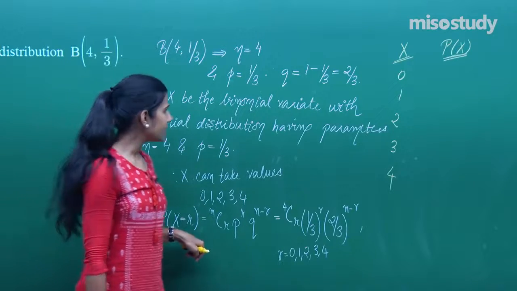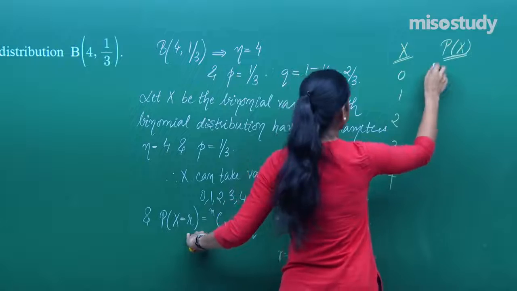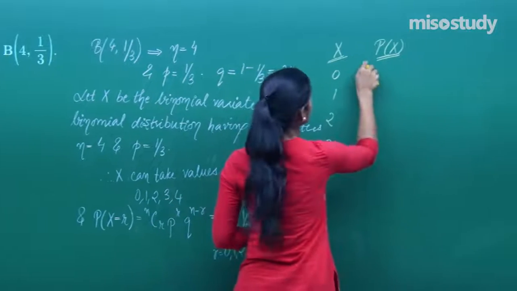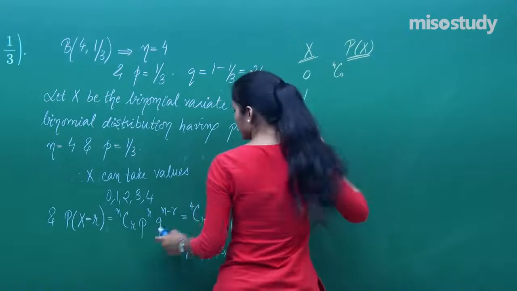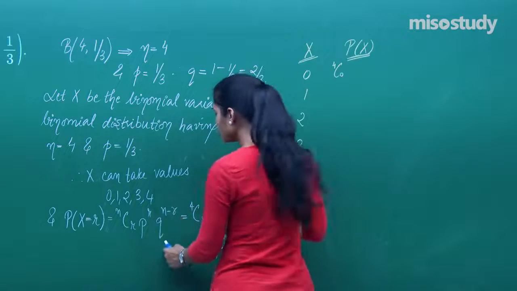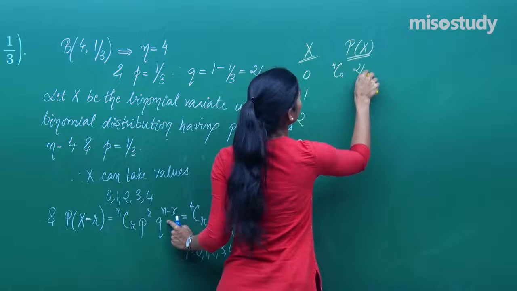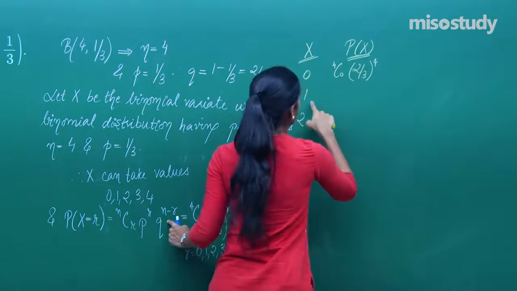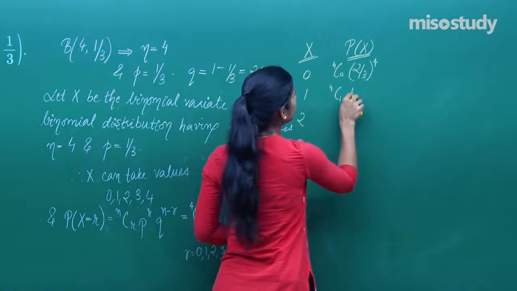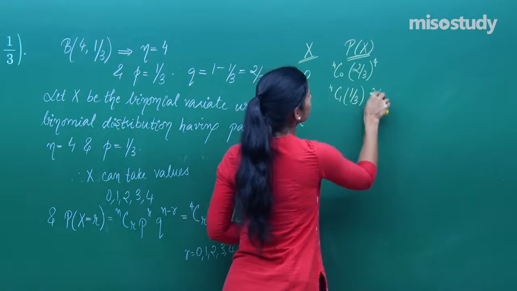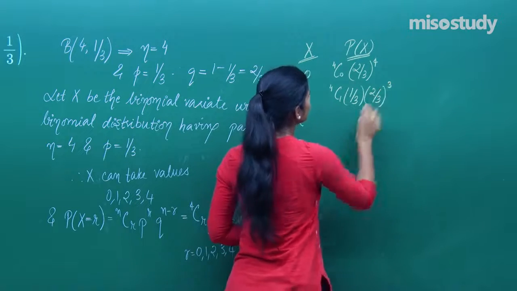So probability of x equals 0 will be what? 4C0, 1 by 3 to the power 0, which is 1, 2 by 3 to the power 4 minus 0. What is probability of capital X equals 1? It is 4C1, 1 by 3 to the power 1, 2 by 3 to the power 4 minus 1.